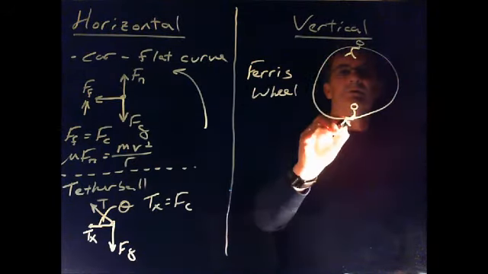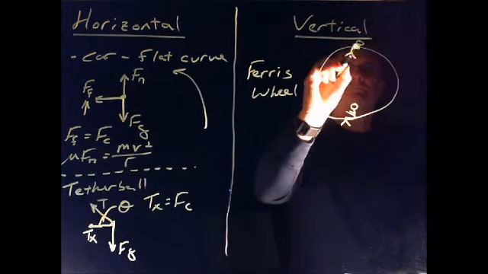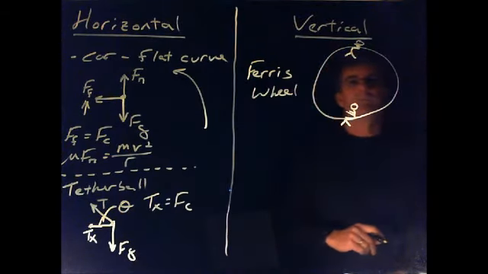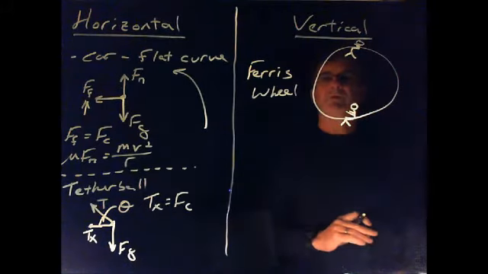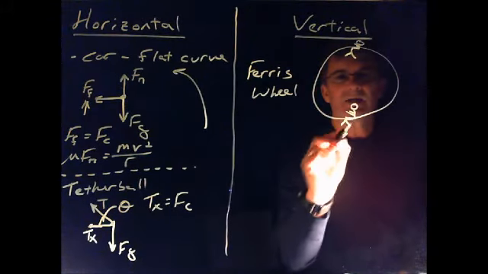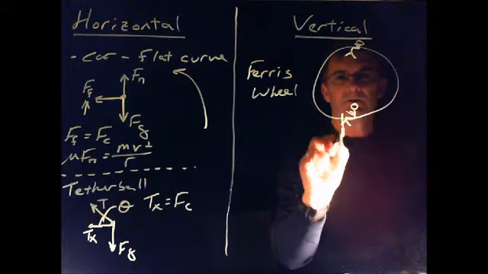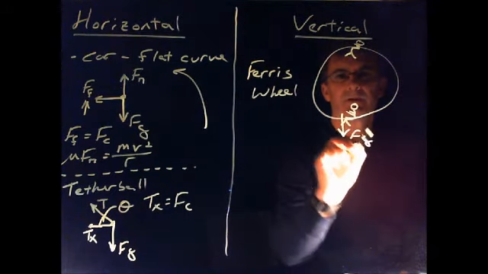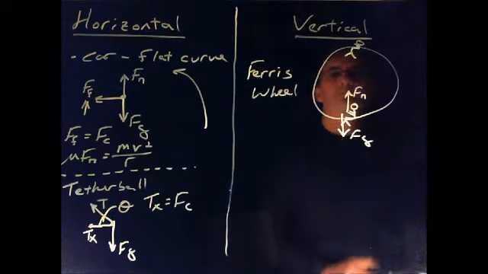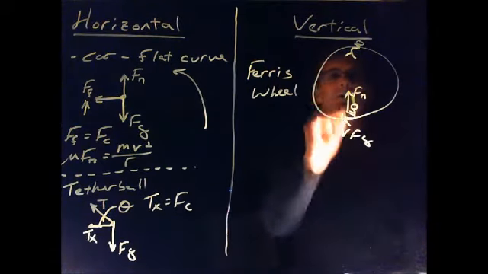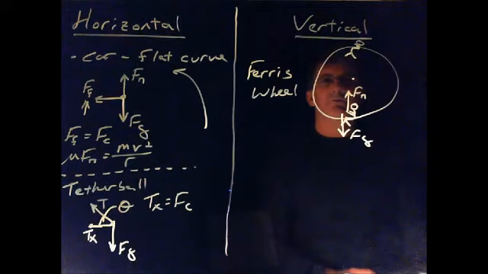That's the person sitting there. Horrible diagrams. If we look at the bottom of the Ferris wheel, the forces acting on the person are gravity, and then the seat pushing them up, the normal force. The turning center is right there in the middle of the Ferris wheel.